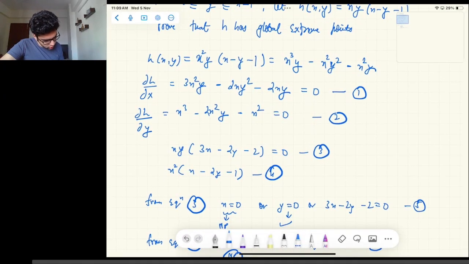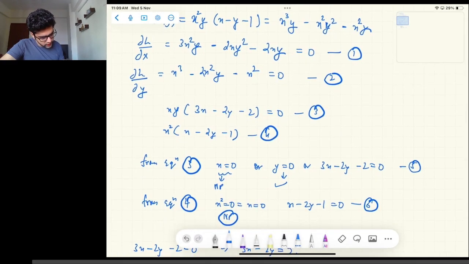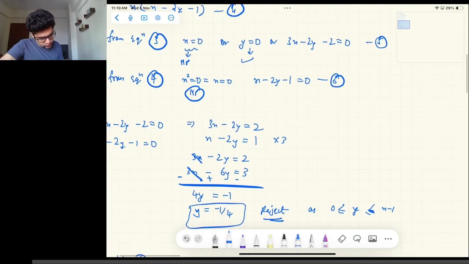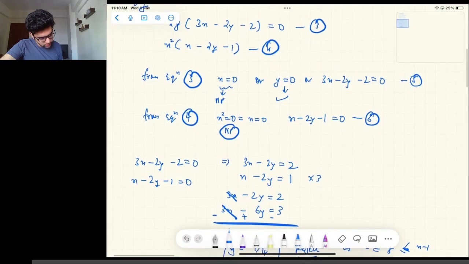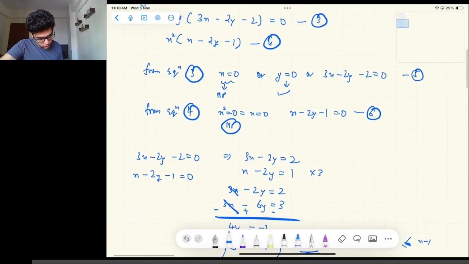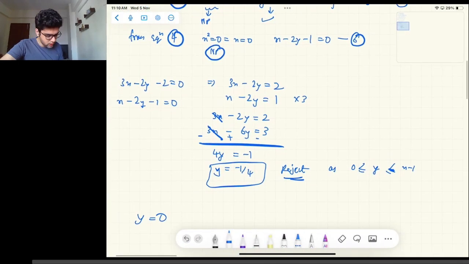If I take x square common, x minus 2y minus 1, x minus 2y is equal to 1, which becomes 3x minus 2y equals 2. Solving these equations gives me 2x is equal to 1, x is equal to half again.